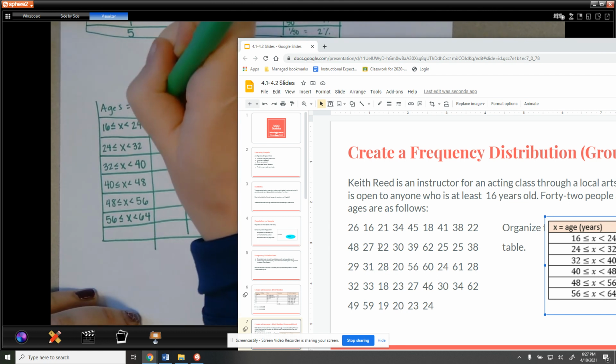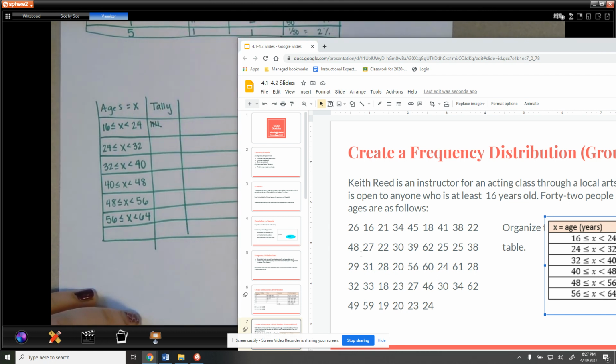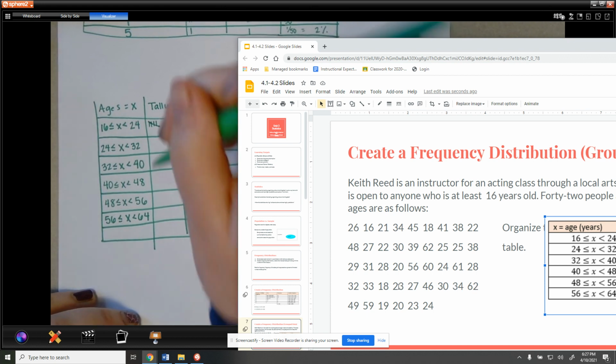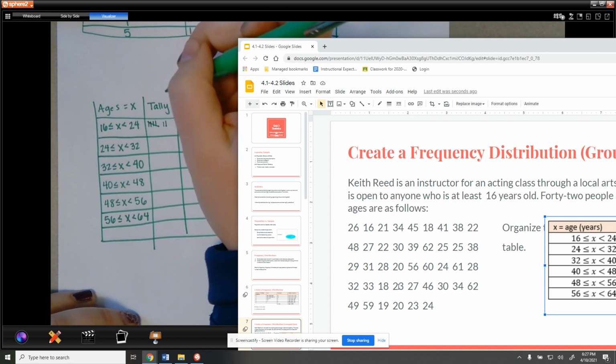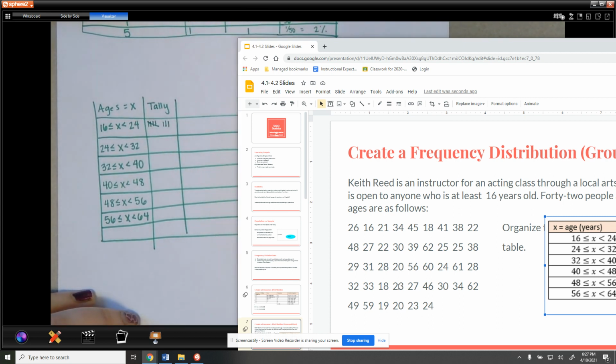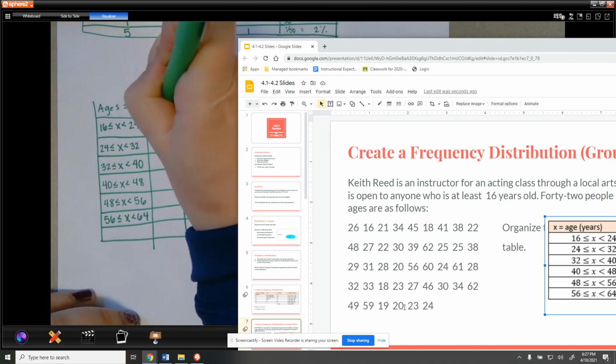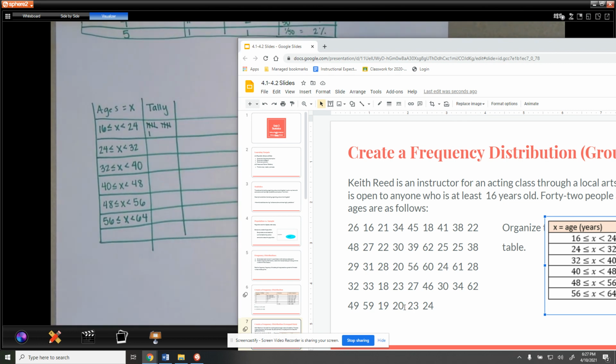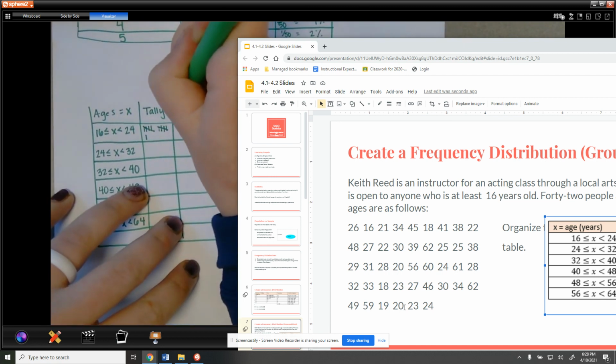Another 22. 20. Not 24. There's a 23 that would count. There's an 18 next to it. The bottom row, 19, 20, 23, so 3 more. Okay, so I believe I have a total of 11. So this is the frequency then.